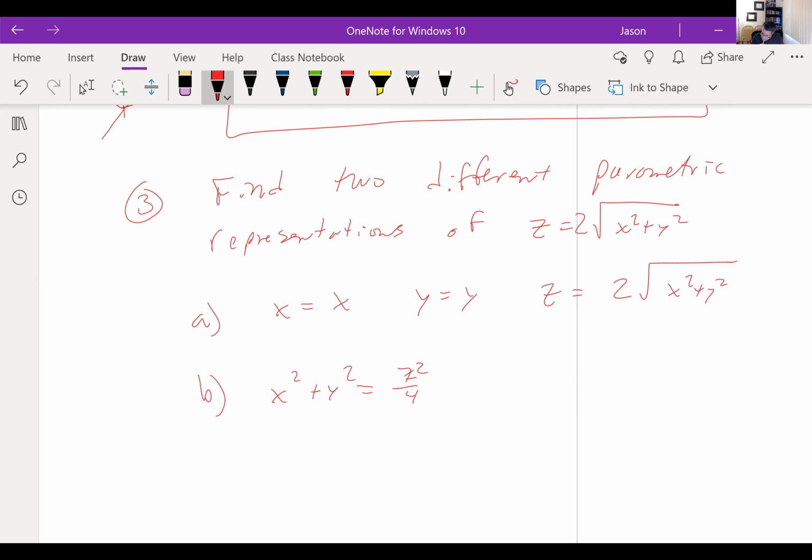So r of x, y is equal to xi plus yj plus x squared plus 2y squared k. And that is my vector function in 2 variables for that elliptic paraboloid.